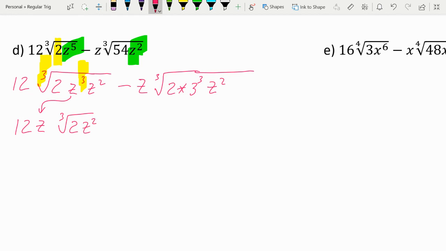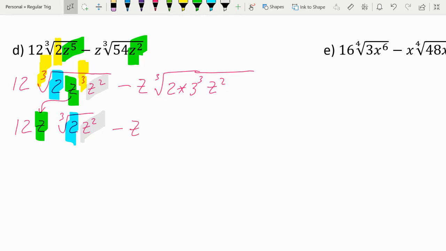For you guys that like all these colors, that z is now right there. And then that 2 stays underneath because I couldn't do anything with it. It wasn't raised to the third power. And then z squared.